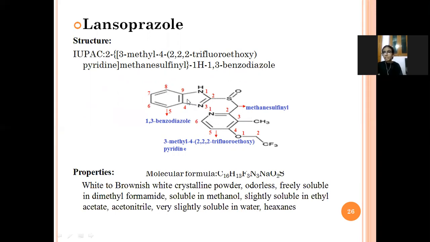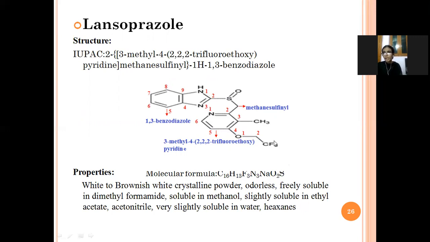See here structure, this is the benzodiazole. 1,3 benzodiazole. Here in the second position, the methane sulfonyl is attached, and here pyridine. In third position, methyl, and here in the fourth position, 3 fluorine atoms are there.